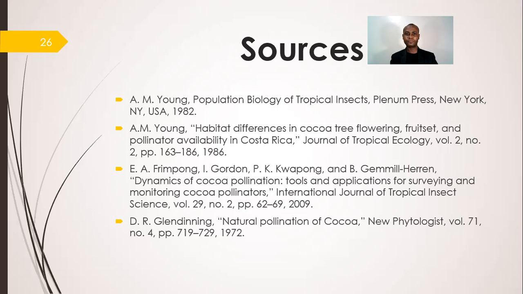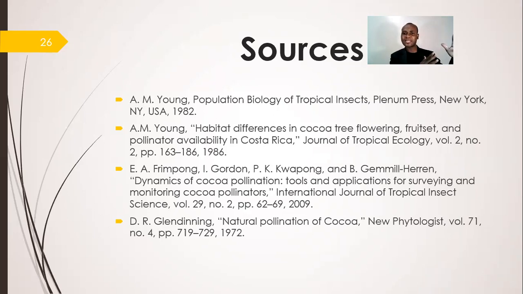Mom Joy is asking, can stingless bees also pollinate cacao? Actually, there are about 2 or 3 types of stingless bees. There is one particular type of stingless bee that is very small and can pollinate the farm because their size is around 3 millimeters only.